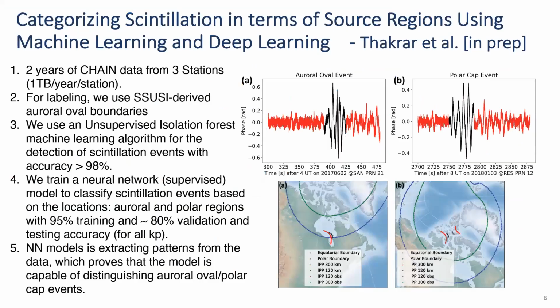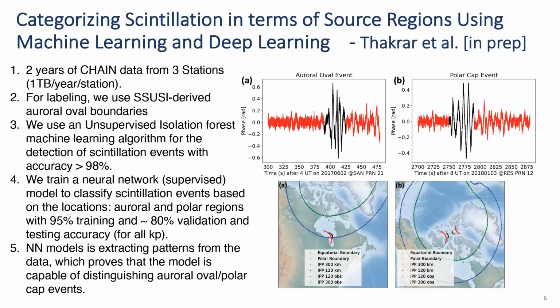Okay, so this is a paper that I am helping Chintan and Nick finish up. It's on their work where they categorized source regions with a machine learning model and a deep learning or neural network model. We use 2 years of data from 3 stations, which is 1 terabyte per year per station. And this is just to start with to build up our model.